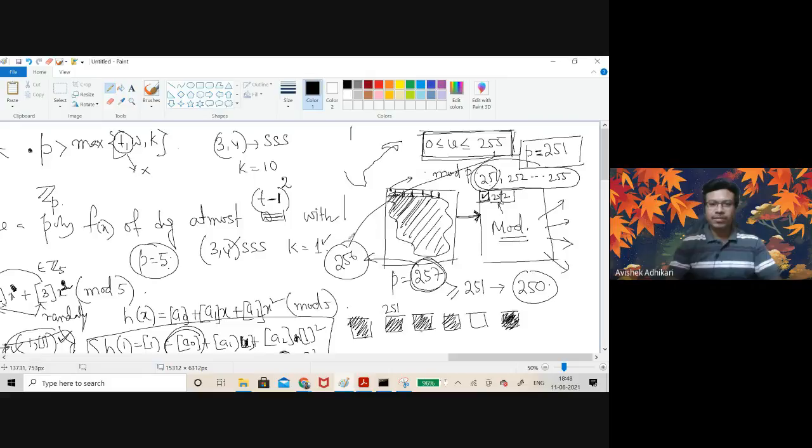You cannot represent 256. As a result, the image will have some error. So you have to be within this range. If you consider P to be 257, then the problem will come here, and you cannot deal with this.